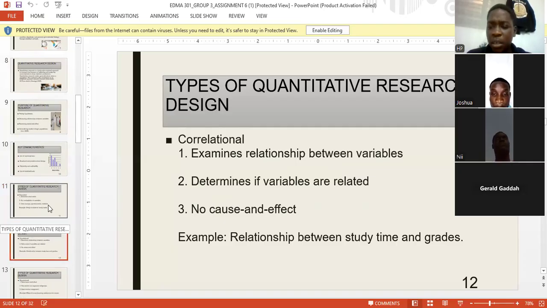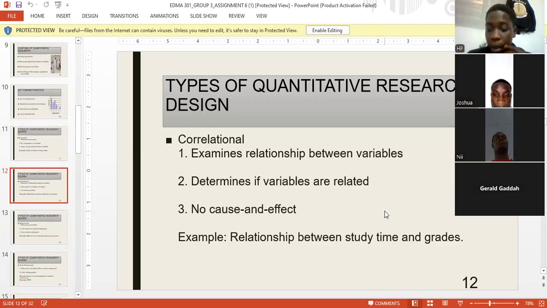Then we have correlational. It examines the relationship between variables, and determines if variables are related. This one has no cause and effect. Examples are the relationship between study time and grade.